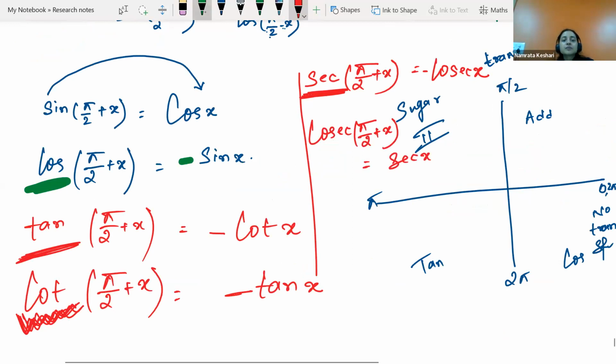Alina, have to see this one. Is cosec positive or negative in the second quadrant? It is positive. Any confusion? Alina, any confusion? No, ma'am. Let's continue.